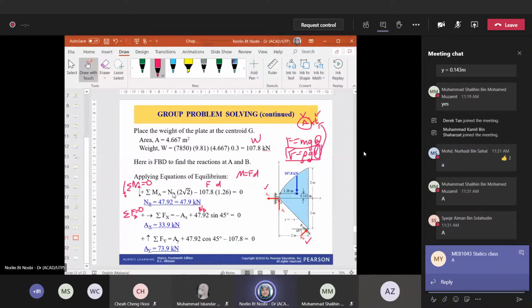For moment, there are only two forces here. So NB, if you move upwards, is it positive or negative? Okay, it is positive. Why? Because you assumed in the first place that counter clockwise is positive.